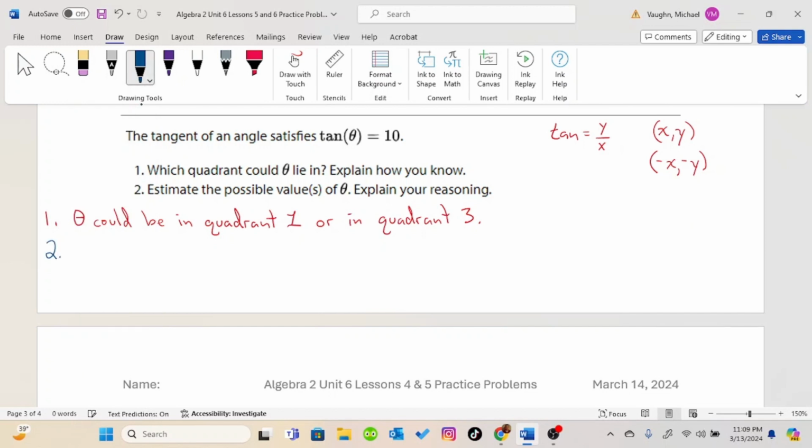Number 2. Estimate the possible values of theta.